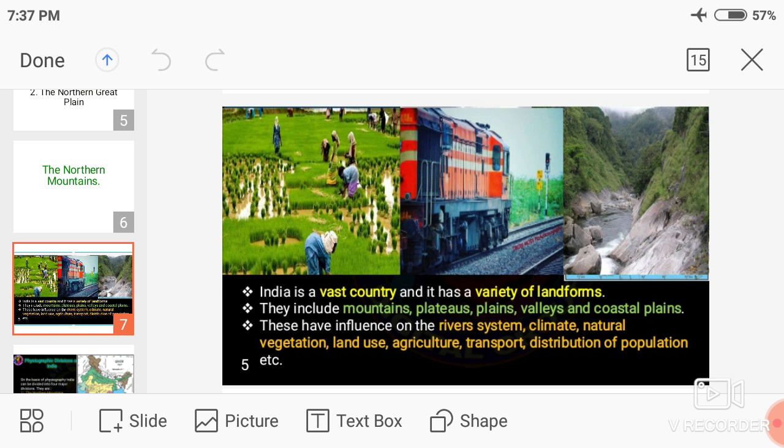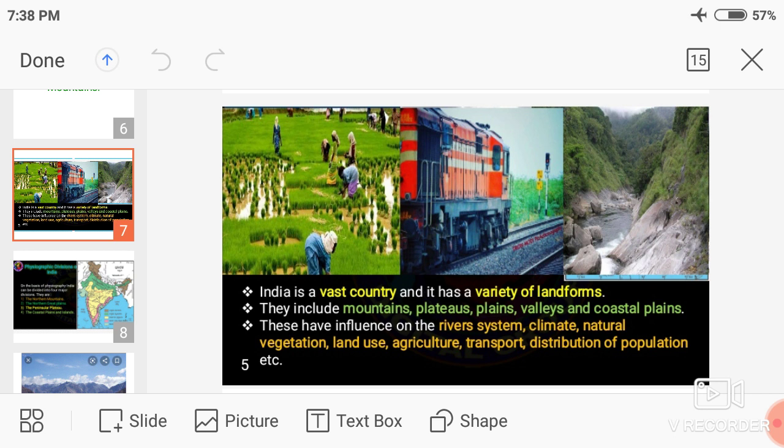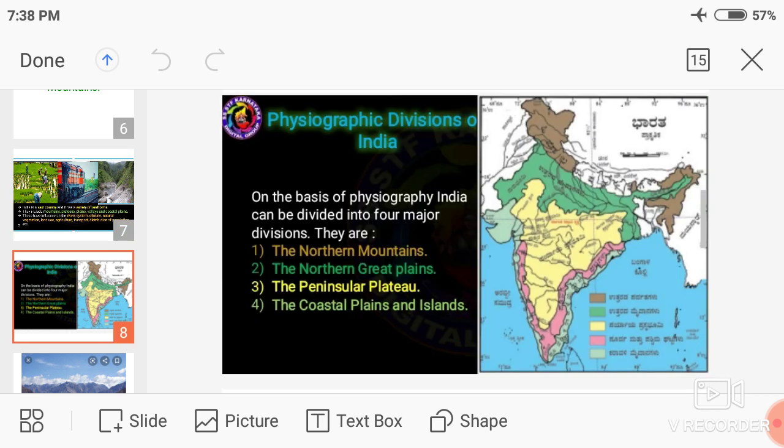India has many different land features like mountains, plateaus, plains, valleys and coastal areas, and many more.